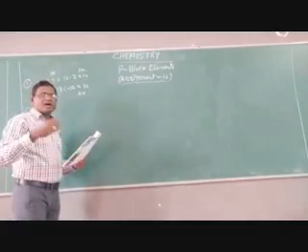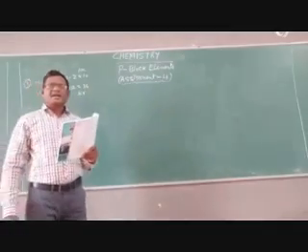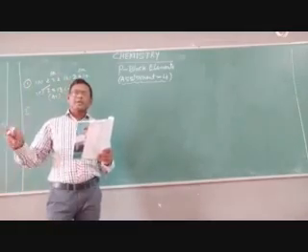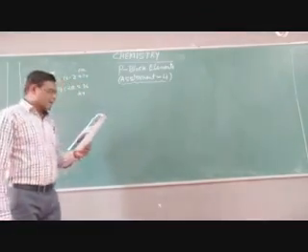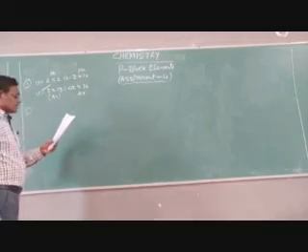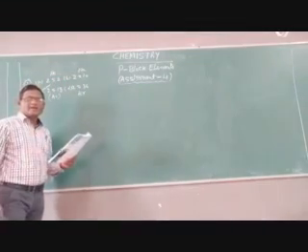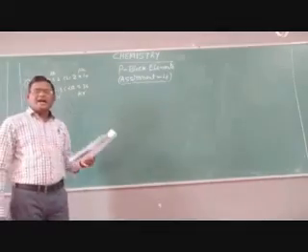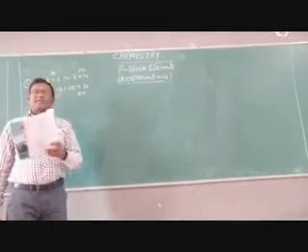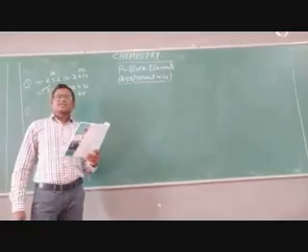That means which is the last group of the elements in the periodic table? That is zero group elements. Always, in every period, the last group of the elements exhibits the highest ionization enthalpy.